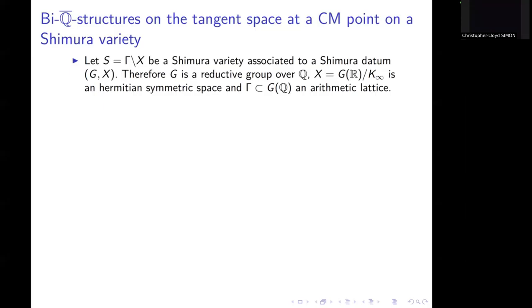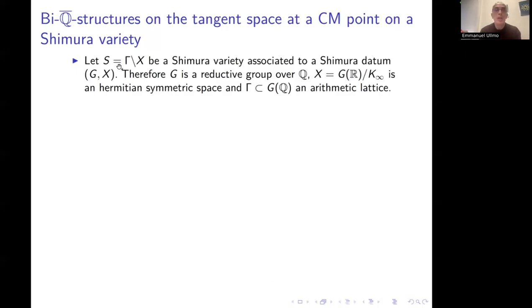Okay. So a Shimura variety is given by a couple: an algebraic group over Q and a Hermitian symmetric space. A Hermitian symmetric space is a quotient of the real points of this algebraic group by a maximal compact of this group, which I write K infinity.